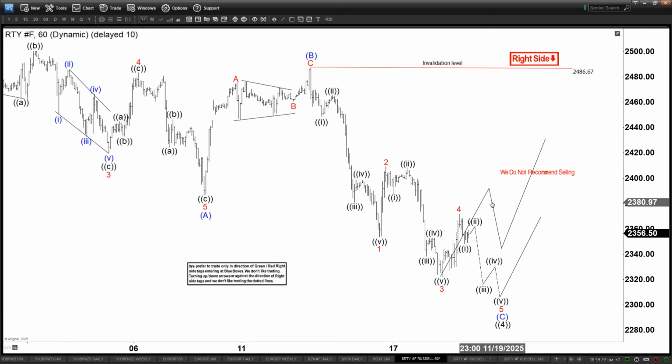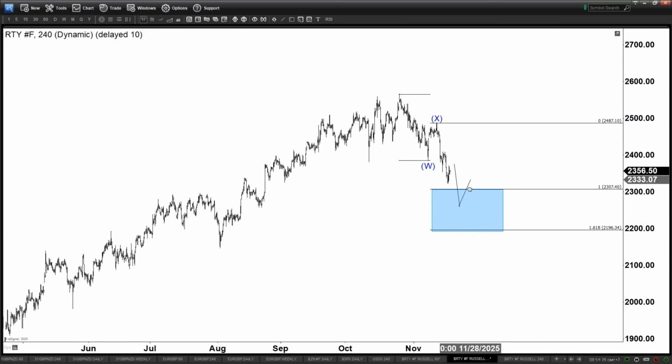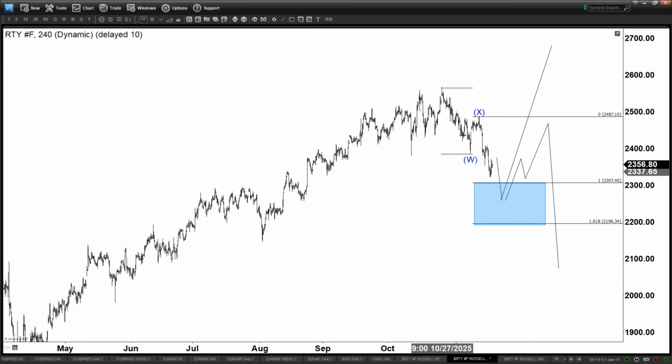Okay, so the rally should fail from the low here right now in 3, 7, 11, as long as this pivot is holding, for another leg down reaching 2307 minimum. And then once we reach here, either we go to a new high from here, or we do a bigger 3 waves and then fail and go down again. But most likely we're going to get a reaction first.